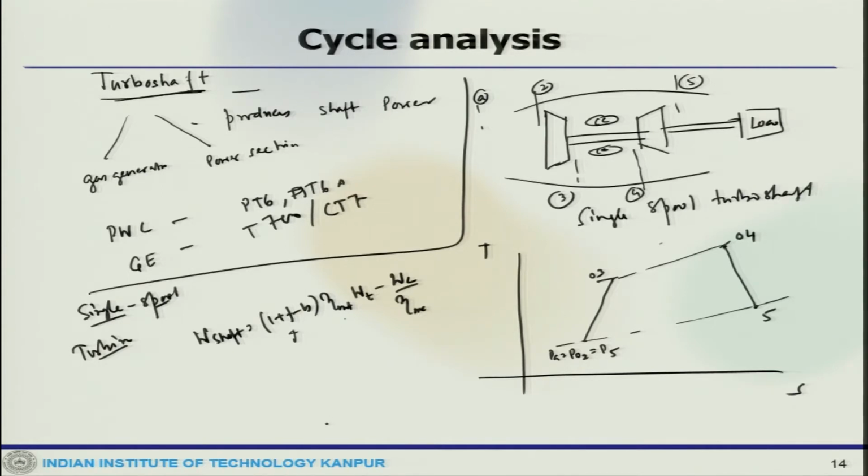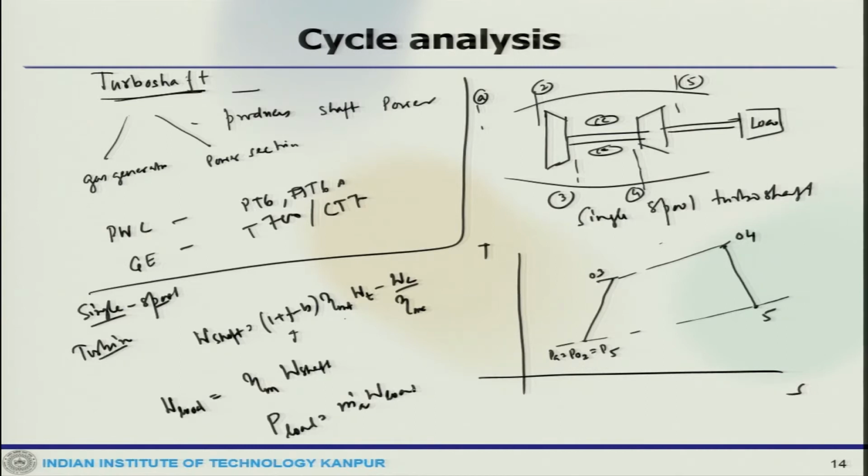Now, the shaft which drives the load, for example the rotor of a helicopter, experiences some mechanical losses due to friction. So, W_load would be η_m W_shaft, and then we can find the P_load as m dot_a W_load. That is how we can get it.